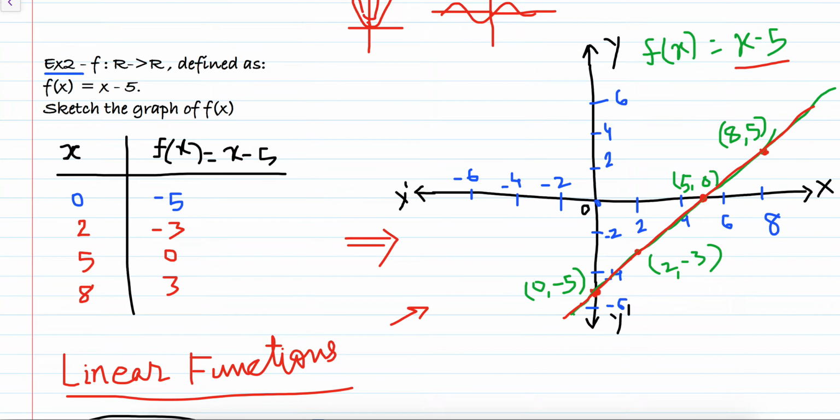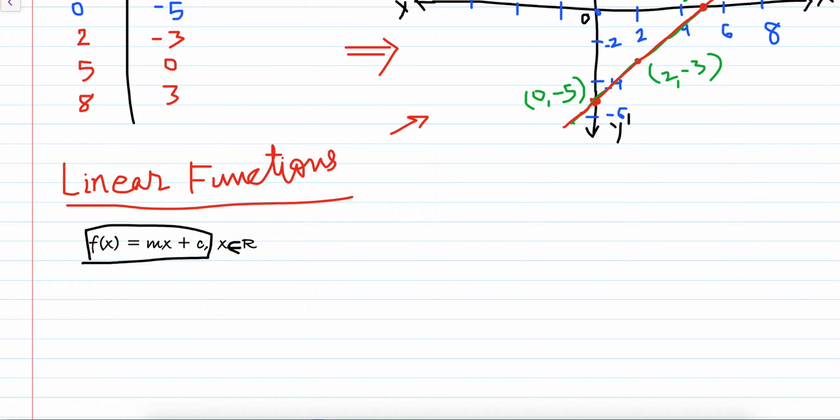So if we compare it with this example, x minus 5, then we will see that here the constant that we multiply to x, we call m, and the other constant is c. So here m is equal to 1 and c is equal to minus 5.